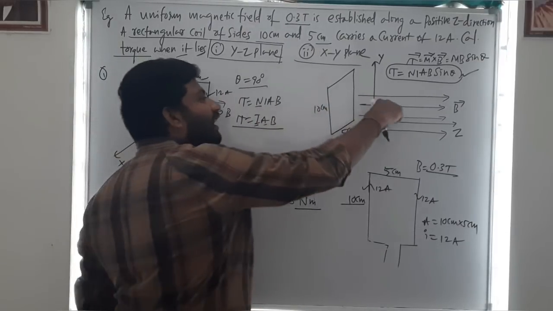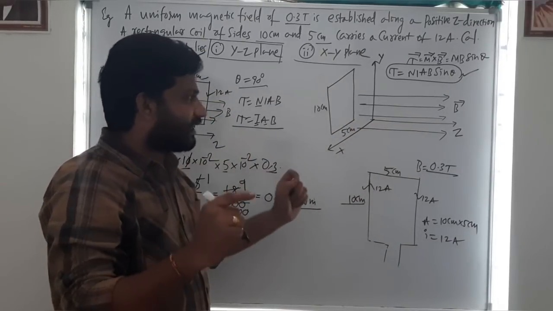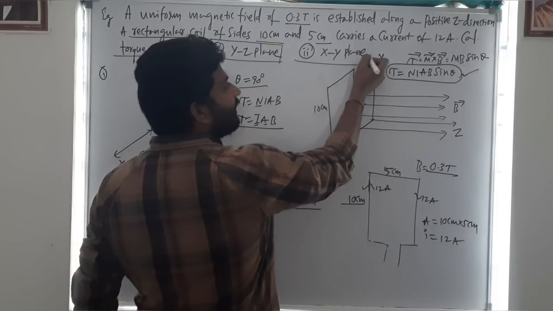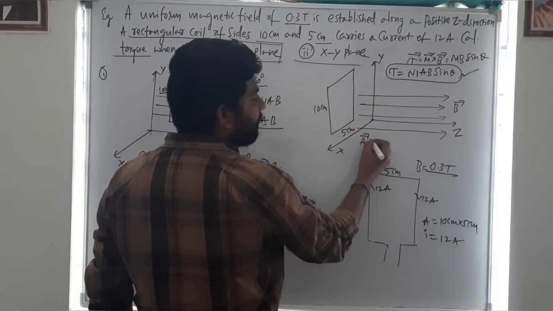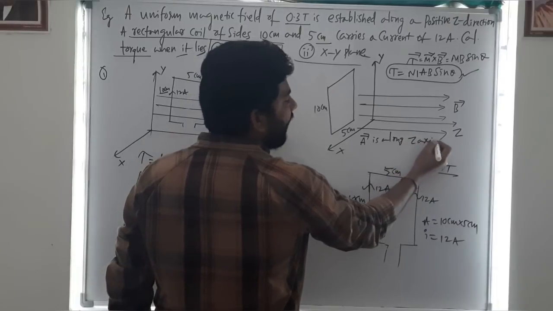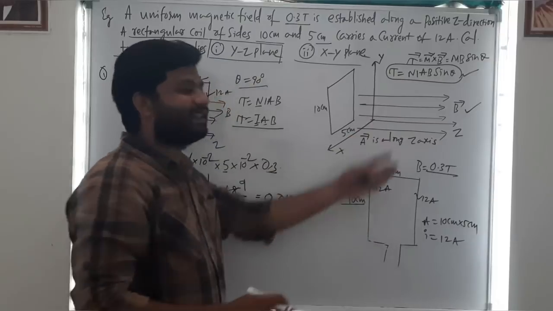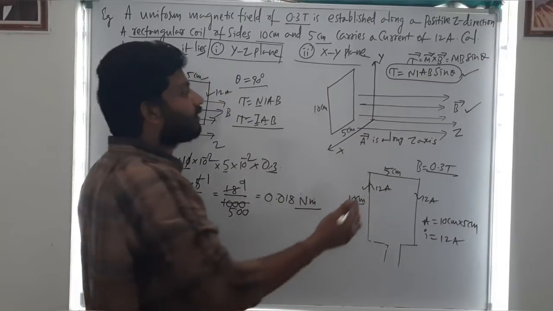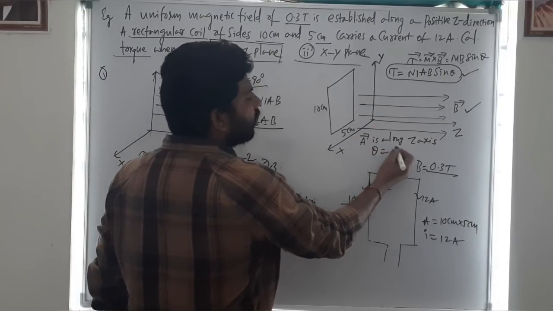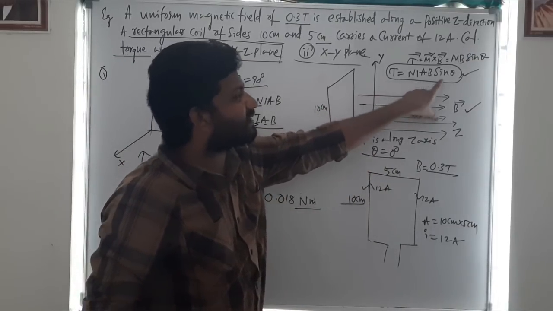So, magnetic field is also along Z axis. So, in the second case, A bar is along Z axis and magnetic field is always along Z axis in this case. Then what is the angle between them? Angle between them is 0 degrees. Then the torque is equal to NIAB sin 0 degrees.